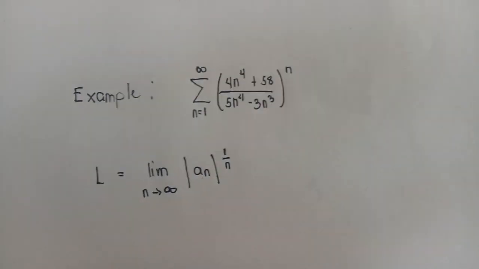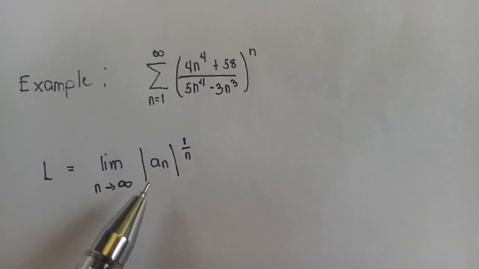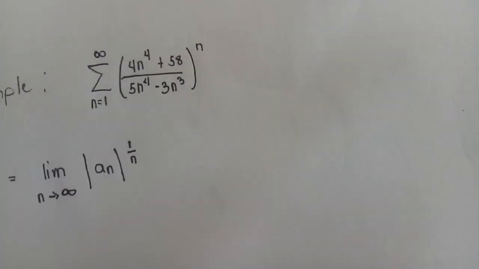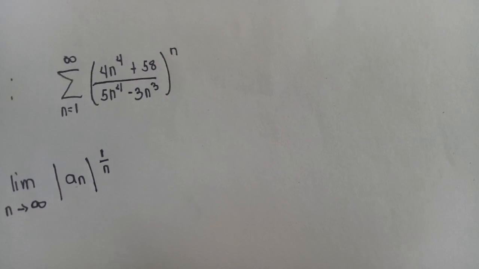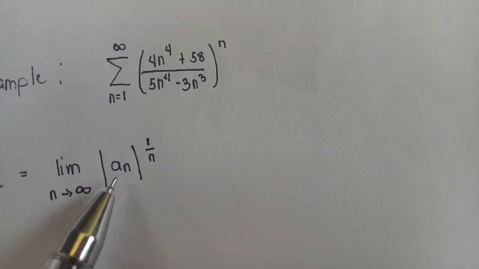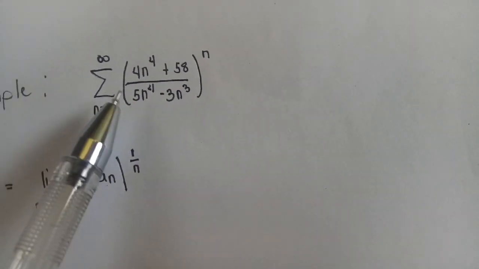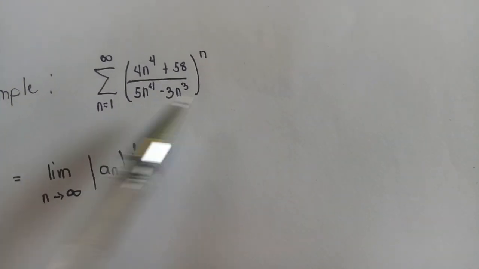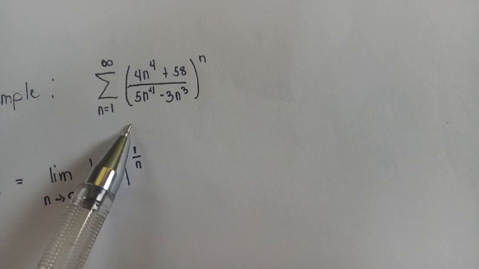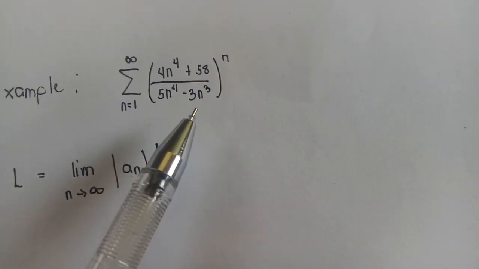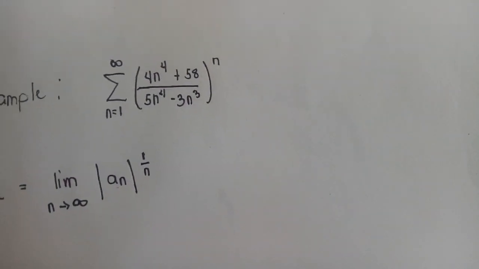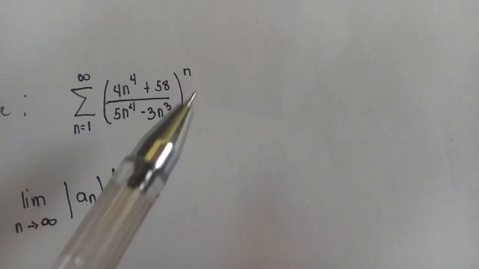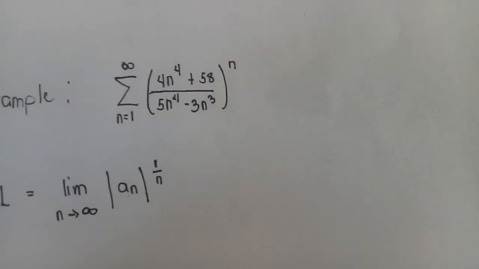We all know that a sub n is this equation. So let's substitute a sub n with 4n to the power of 4 plus 58 divided by 5n to the power of 4 minus 3n cubed, and all of these raised to the nth power.